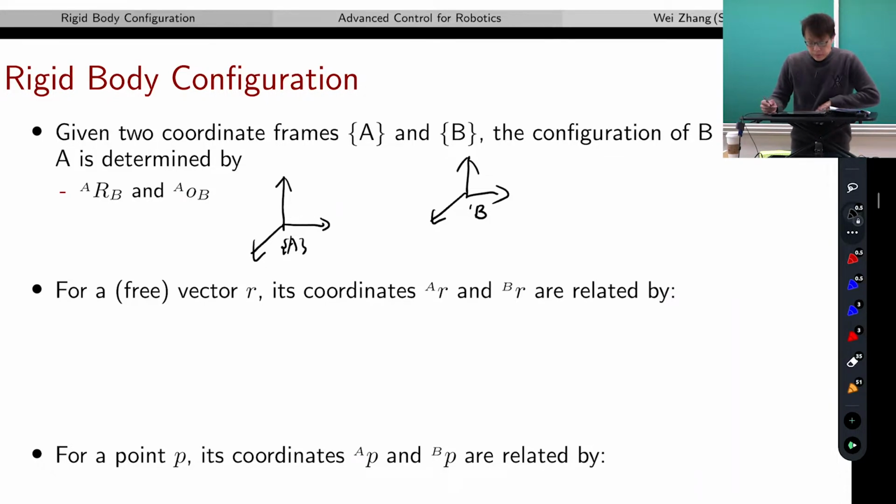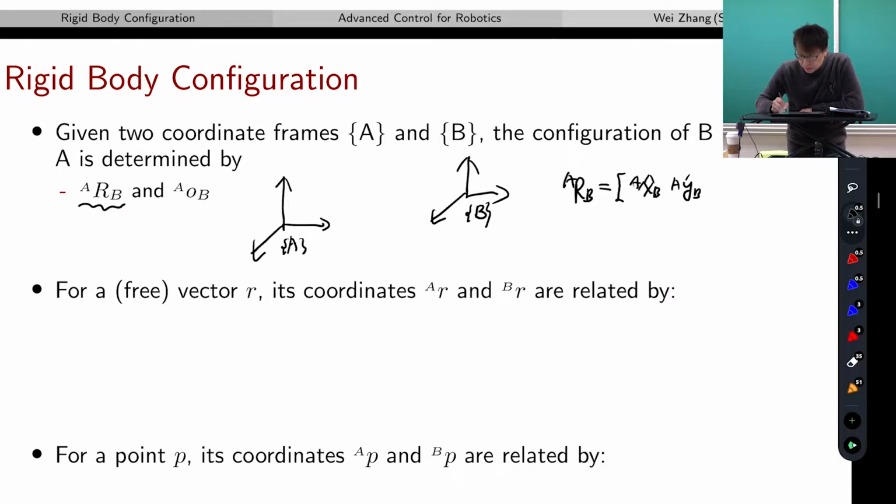Now I'm going to ask questions. What is R_BA here? I say R_BA now. The definition doesn't change. Otherwise, you need to remember too many things. There's just one thing. What is, let's say, X_B in A?